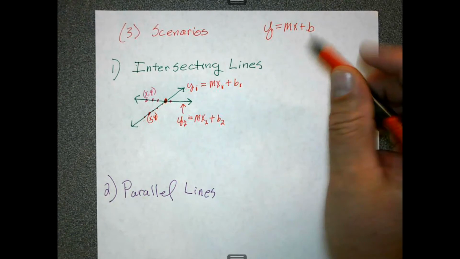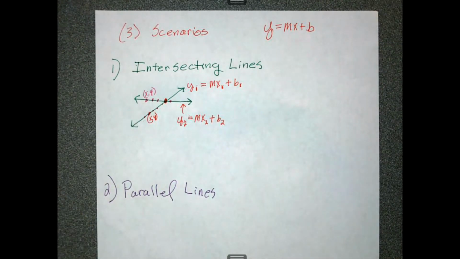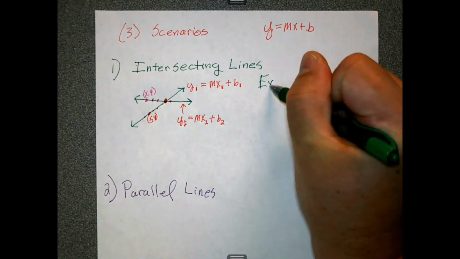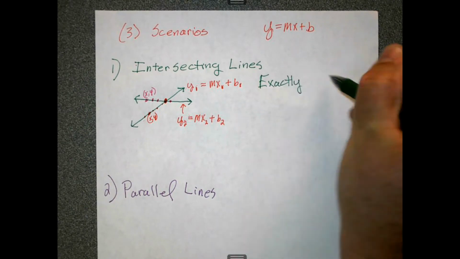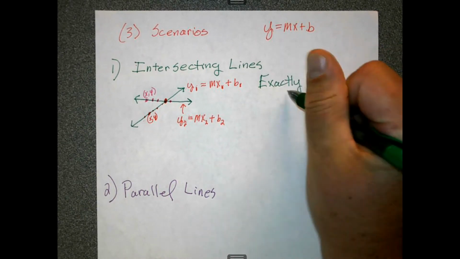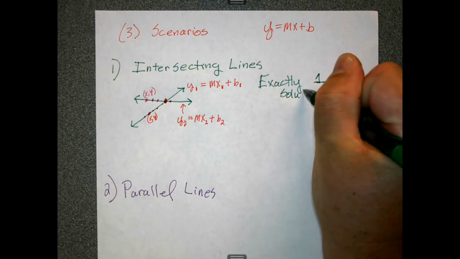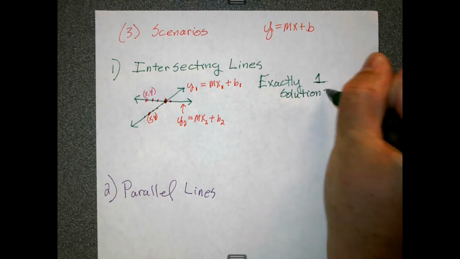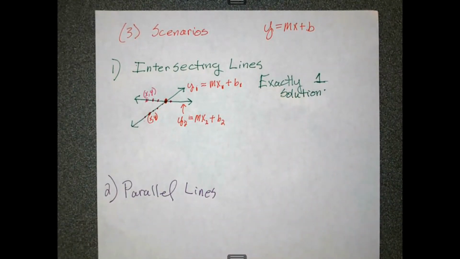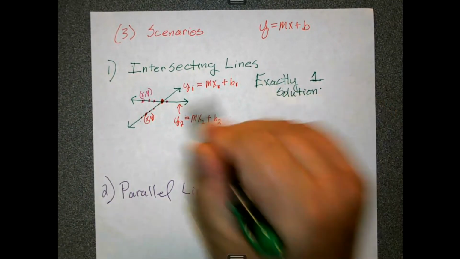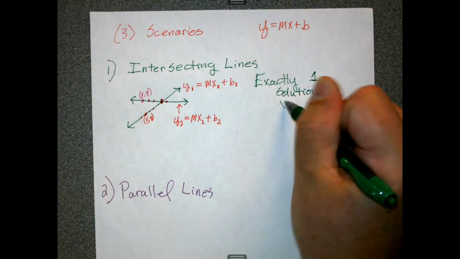So this one is going to have exactly one solution that works in both of these equations. Makes sense. It's going to be the coordinates of this point, x comma y.